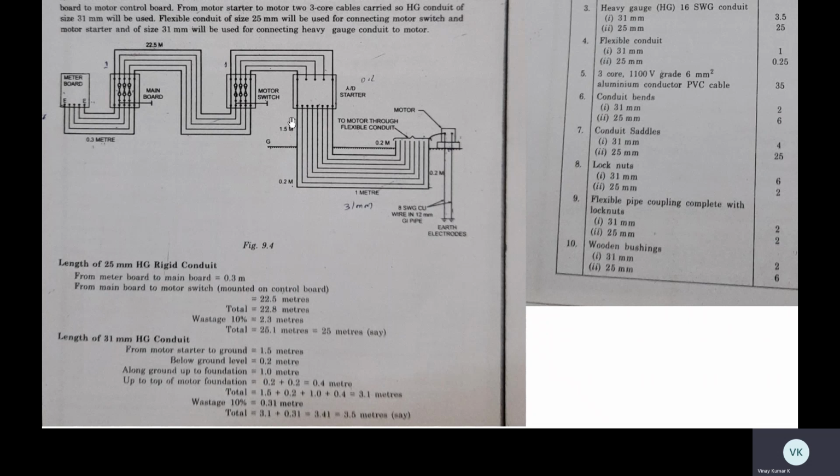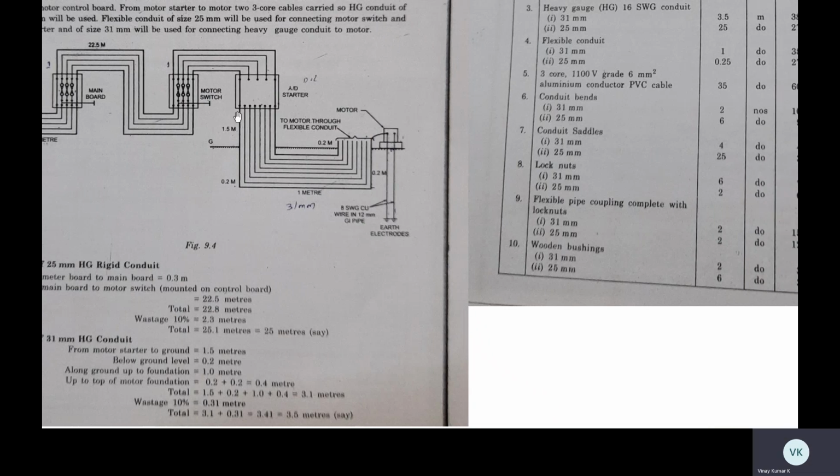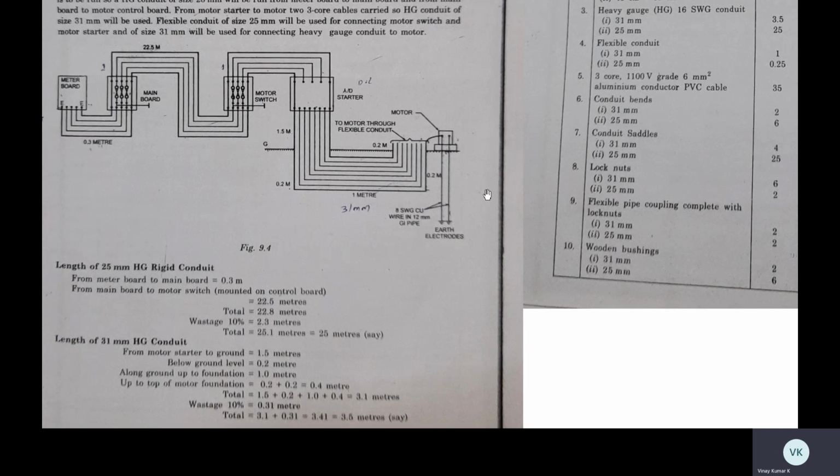So totally 1.5 meters, 0.2, 0.2 and 1 meter. Total how much? 1.5 plus 1, 2.5, 2.5 plus 0.5, 3. Totally 3 meters. Plus wastage of 10%. Total about 3.5 meters. So totally 3.5 meters of 31 mm HG conduit we need.